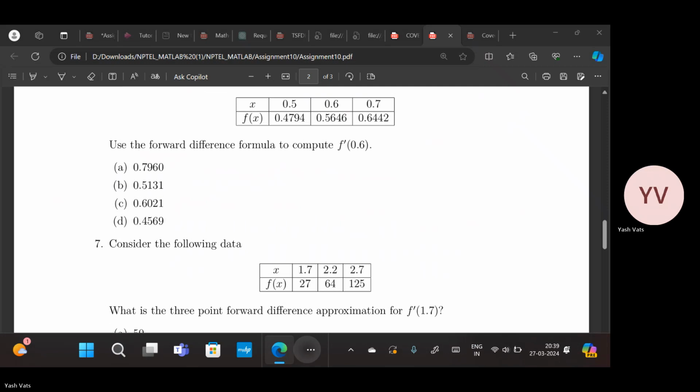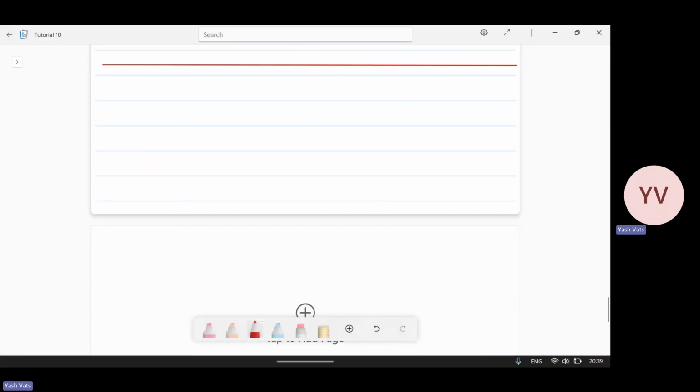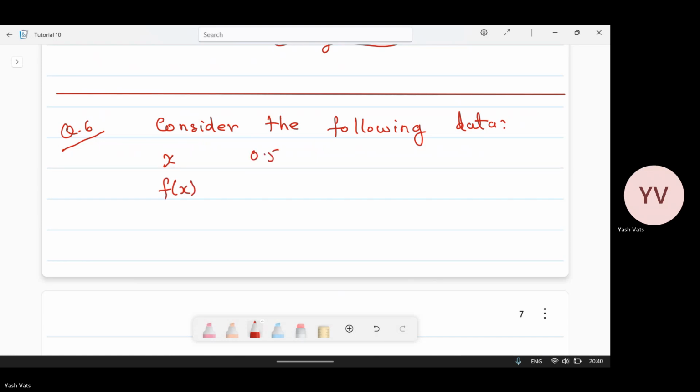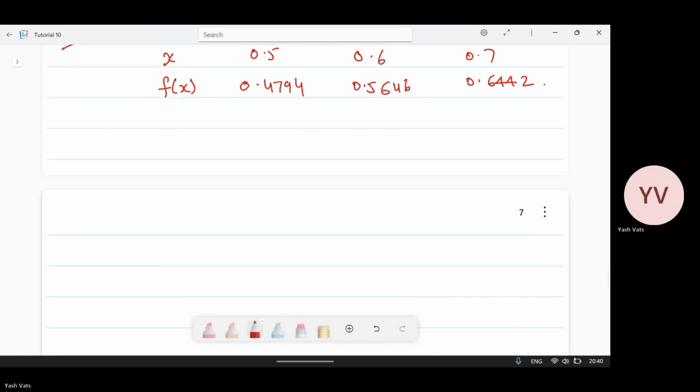Question number 6 is, consider the data.